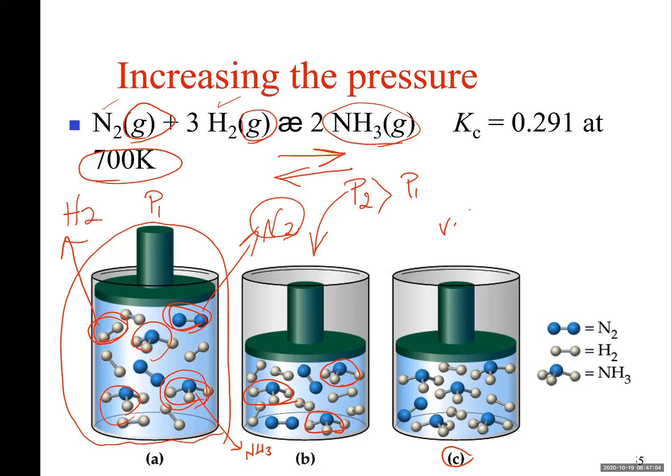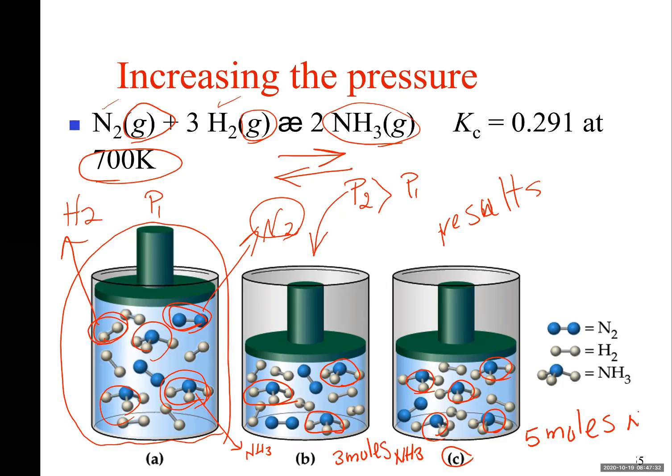So what does the result show you? Look, 1, 2, 3, 4, 5. So you had 3 moles of ammonia, 3 moles of product. Now you have 5 moles of product. Can I say the reaction shifted to increase the amount of ammonia?